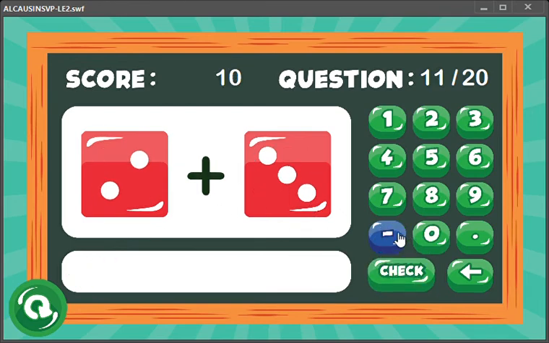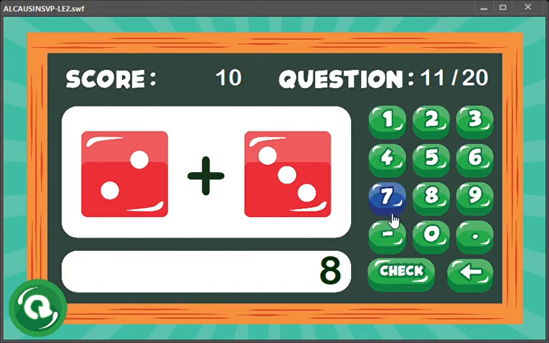So what's going to happen if we make a wrong answer? Here for the 11th question, we have 2 plus 3. That's supposed to be 5. But what happens if we type an incorrect answer?